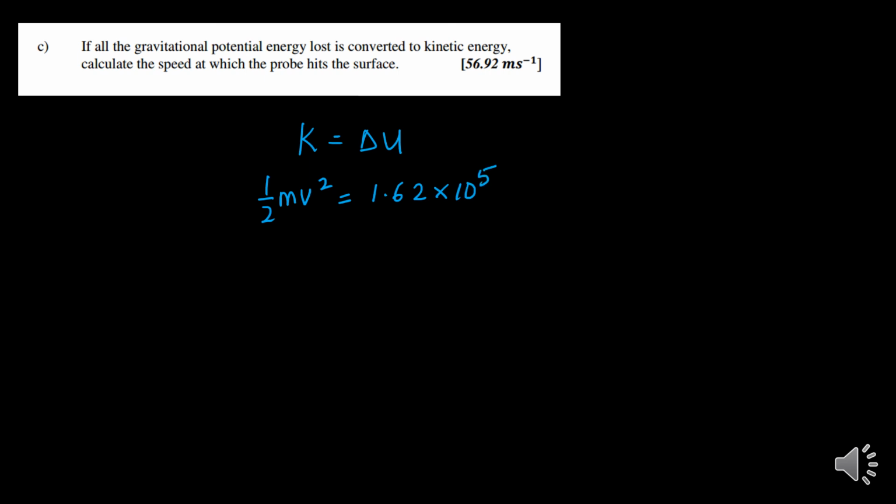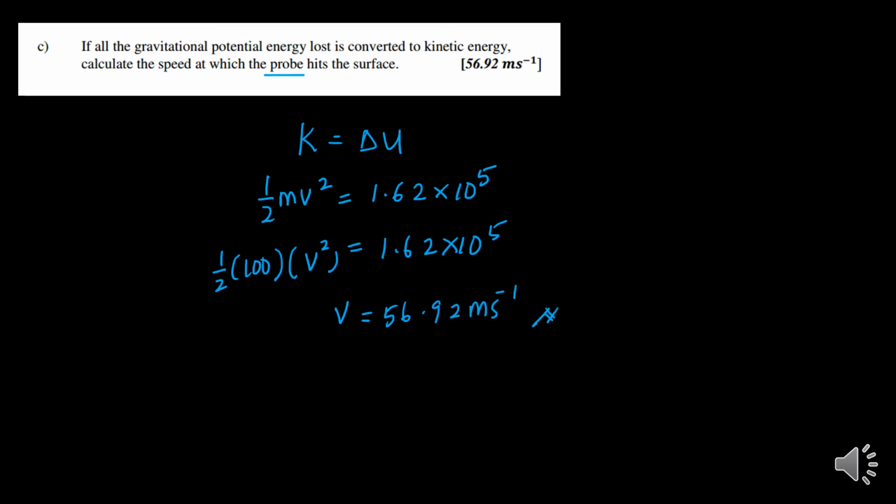They ask about the speed of the probe, so the mass here must be the mass of the probe. Half times 100 kg times V squared equals 1.62 times 10 to the power of 5. So you can determine the value of V is 56.92 m s^-1.